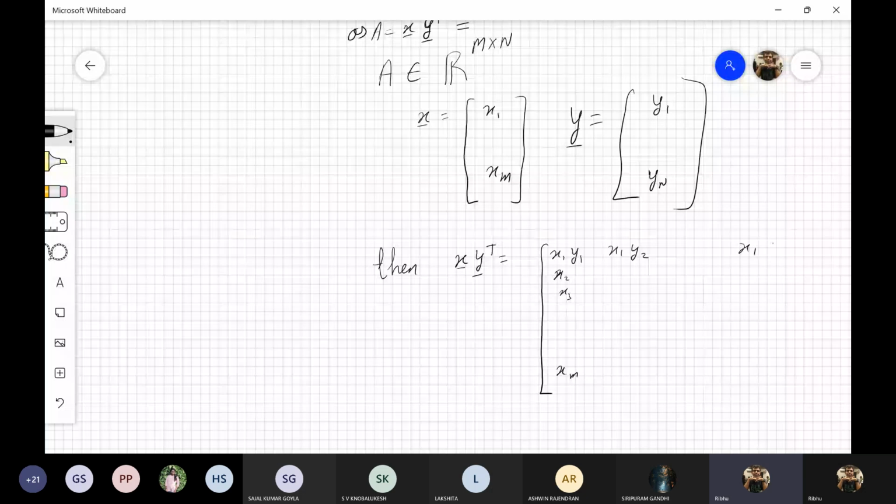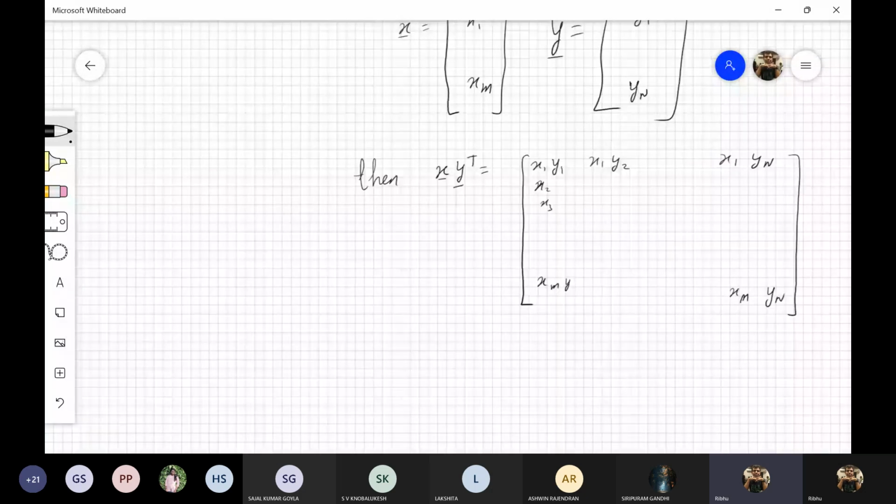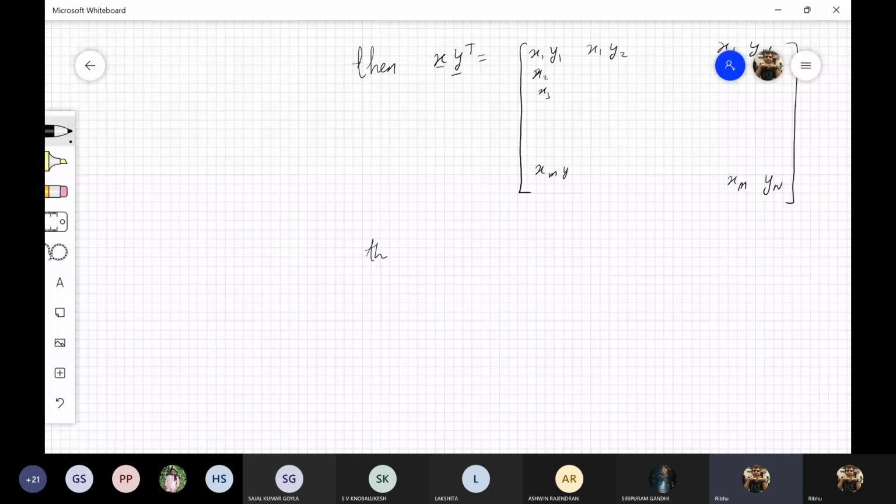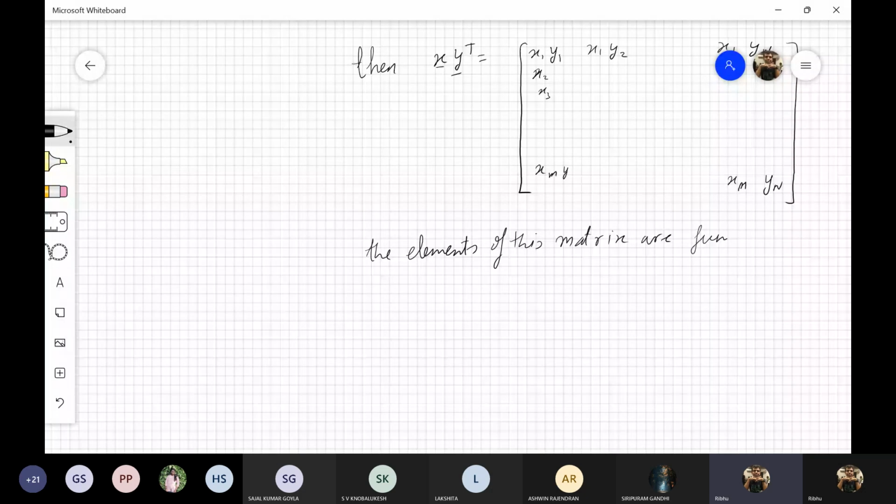So the elements of this matrix are functions of individual entries of x and y.